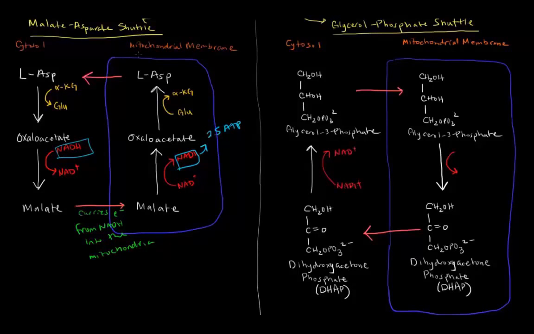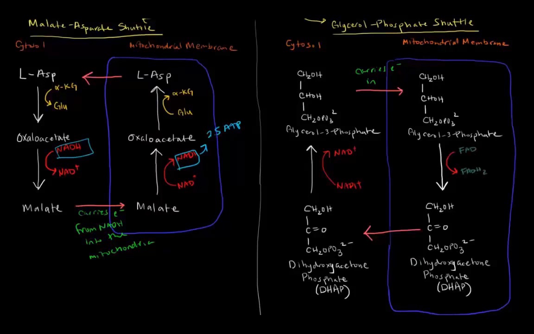So now glycerol 3-phosphate carries those electrons in, because glycerol 3-phosphate can cross the membrane. Once glycerol 3-phosphate is in here, it can be oxidized into dihydroxyacetone phosphate, and then we can reduce something. It's odd though that instead of taking an NAD+ and turning it into an NADH, for whatever reason we take an FAD and turn it into an FADH2.